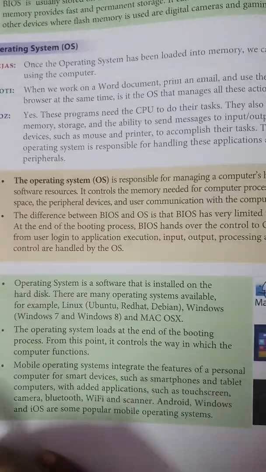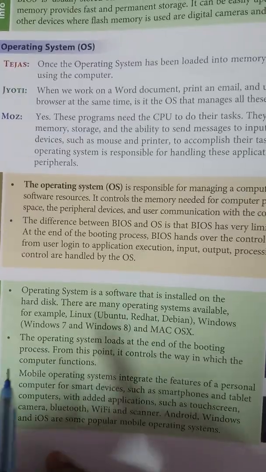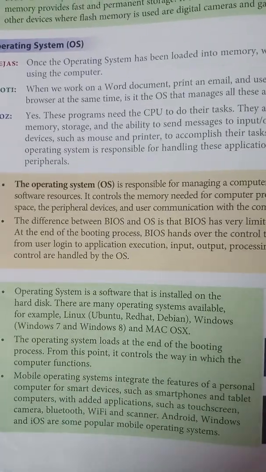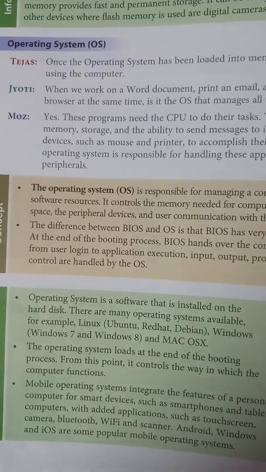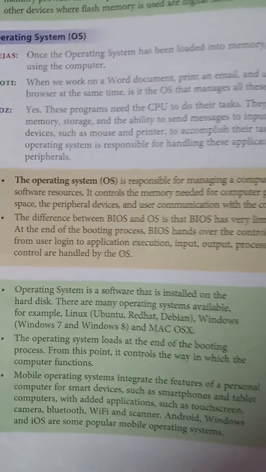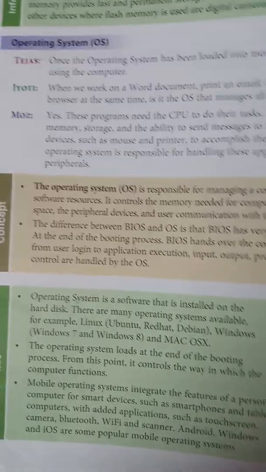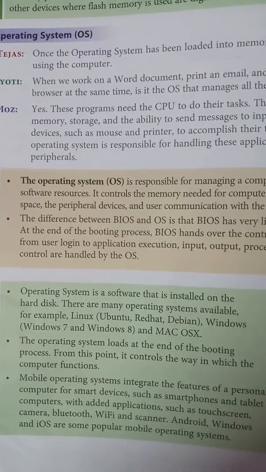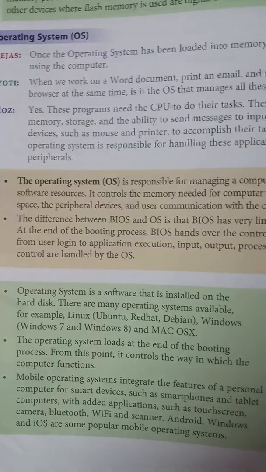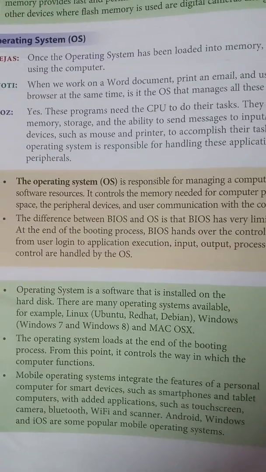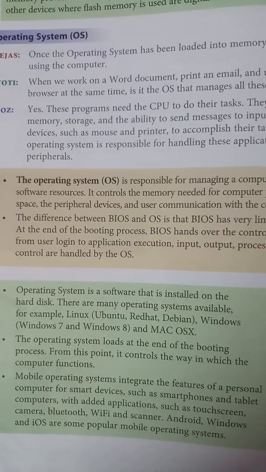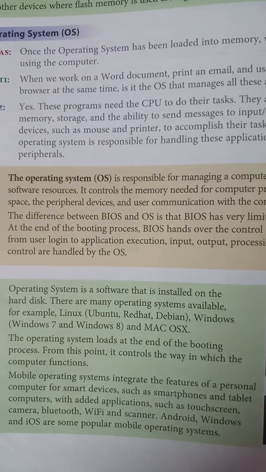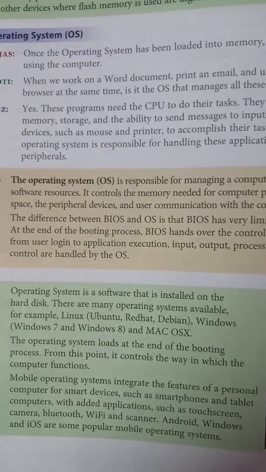So here first we need to install BIOS. Okay, then at the end of the booting, the operating system will start to work. Once the operating system has started working, it will control all the processing in your computer, like software, hardware devices, input output executions, and then all the software applications also.